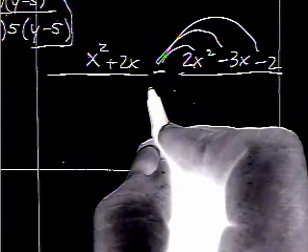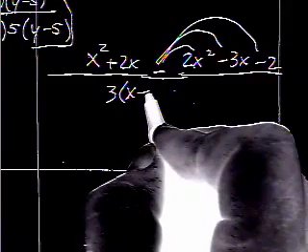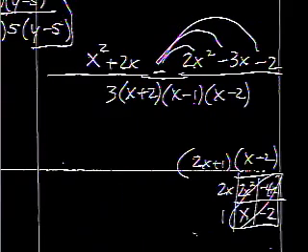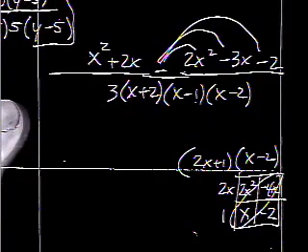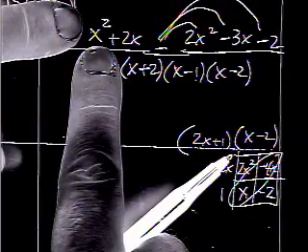Now, I am going to write this denominator one time because I really don't feel like writing it 2 times. So we have x squared, oops, sorry, let me put it down here.